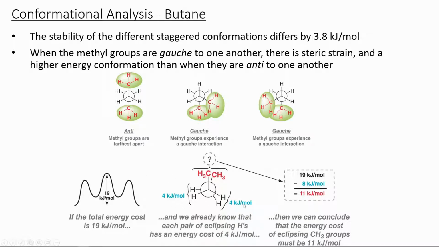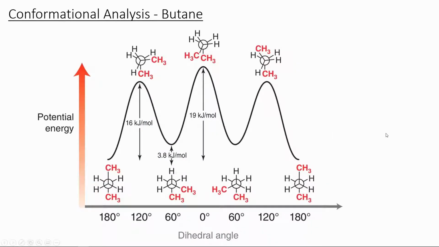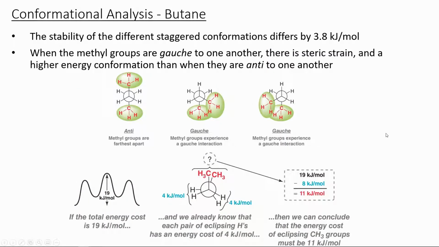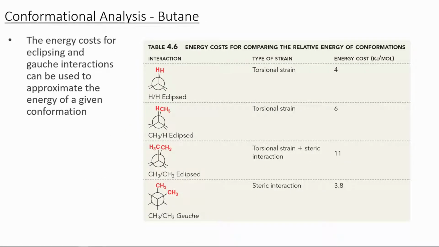We got 8 coming from our hydrogen interactions, so this methyl interaction is costing 11 on its own. So this is a huge cost in interaction. This is a very unhappy state for the molecule to be in. So here are the energy costs for the 4 types of interactions. If you're given a molecule, you should be able to calculate the energy difference for any state of the molecule.